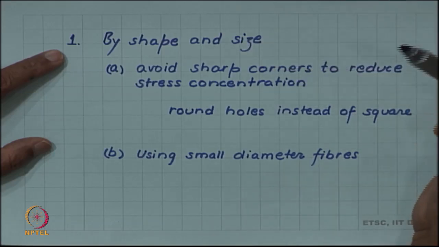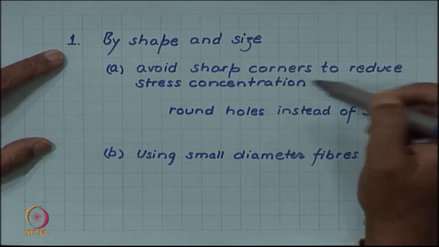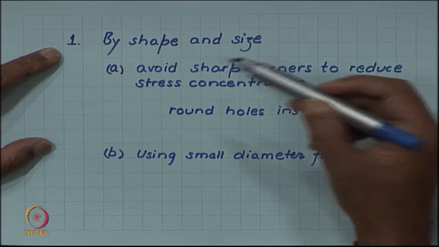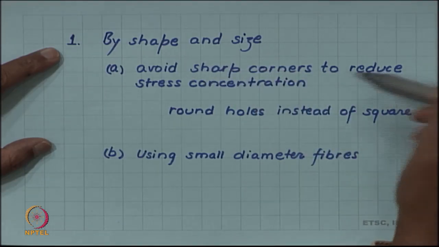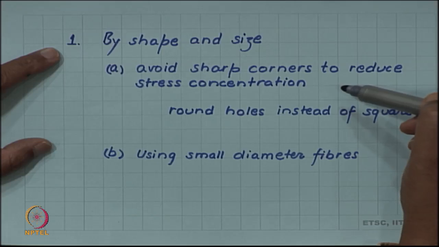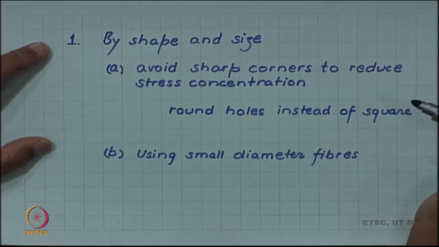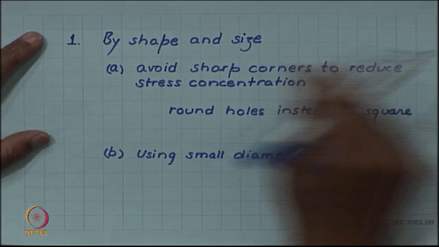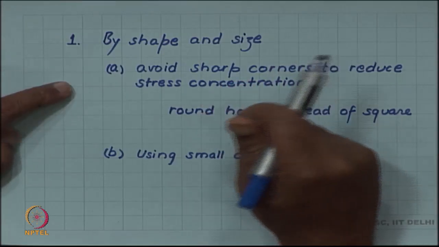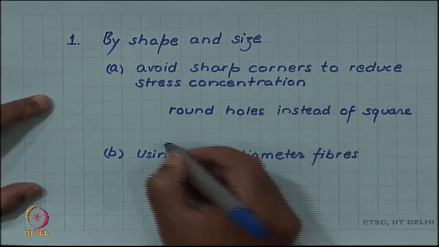We have already seen that sharp corners lead to stress concentration. So by avoiding sharp corners, one can reduce stress concentrations, and this will enhance the fracture stress of the material. Round holes instead of square ones are a classic example, and we have discussed one particular application of this in airplane windows.